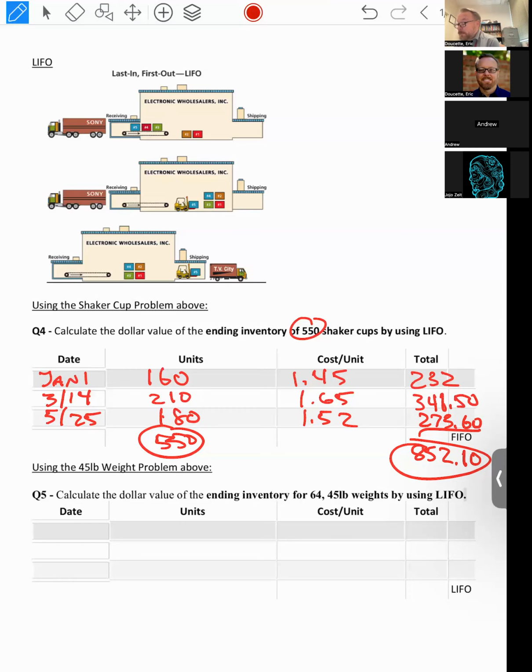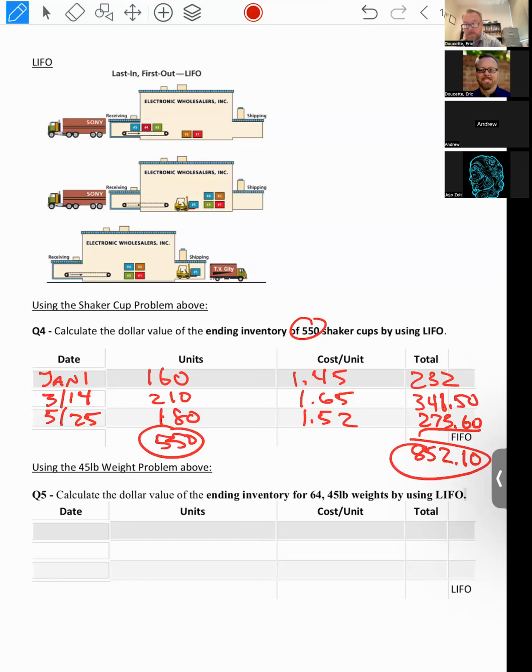LIFO was cheaper, it was less, it was showing less expense. So LIFO is good if I want to show a higher income. In this case, I want to show less inventory cost, higher income. Where FIFO would have been better if I want to have a lower income, it's going to show it being a higher cost. So that's using LIFO.